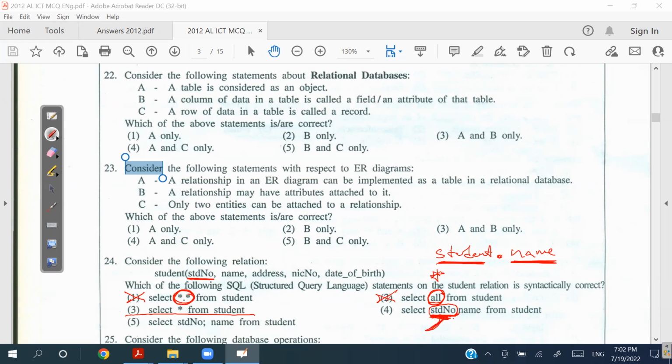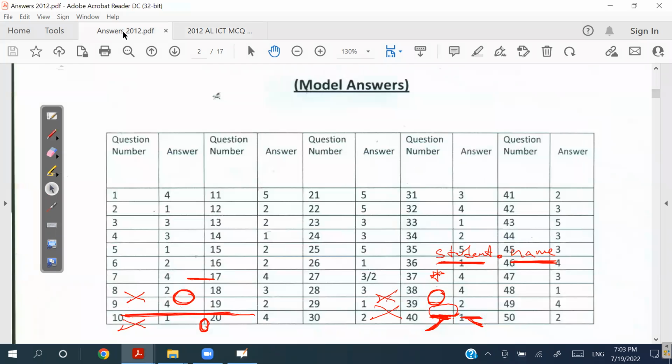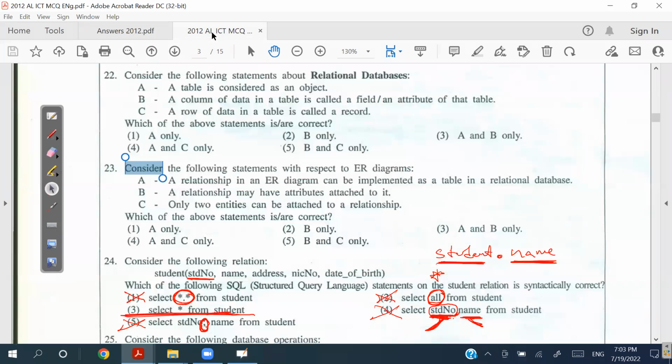Student number is an attribute, a column, and name is a column. You don't apply it like that. So it is wrong. This one is anyway wrong. Semicolon indicates the line terminator. The line terminator is not used in the middle of the statement. So it is wrong again. So the third one must be the answer. 24th, third one. Yeah, third one is the answer.